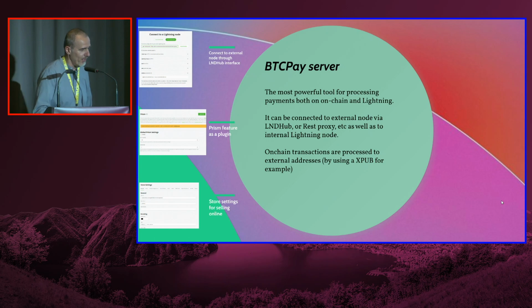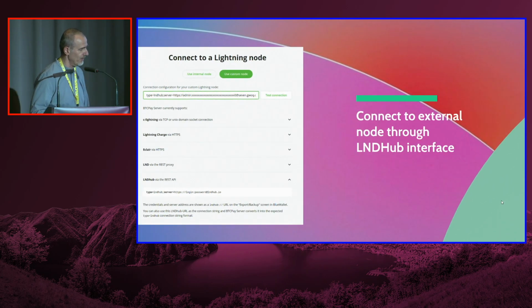So BTC Pay Server is, I think, the most powerful tool for processing payments. It works with on-chain transactions and Lightning. It can be connected externally, even to an external funding source, for example, by LND Hub interface or REST proxy. Here you can see how you can specify the connected node.